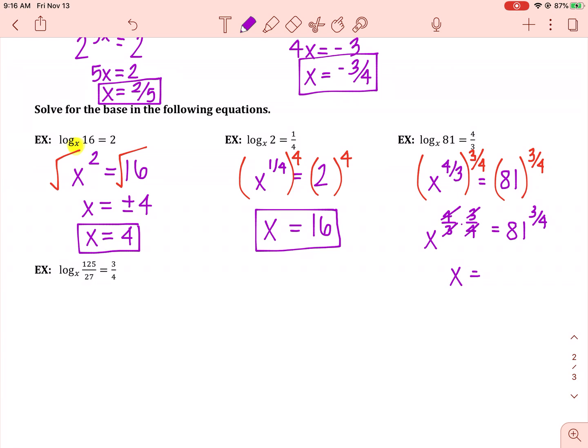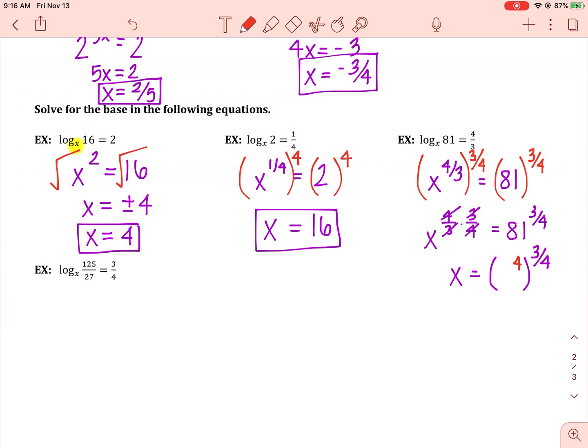And now I kind of do the same thing on the right. I need to simplify. No calculators, you can't do that. So I'm going to try my best to rewrite 81 with a power of 4. This is just like from the beginning.